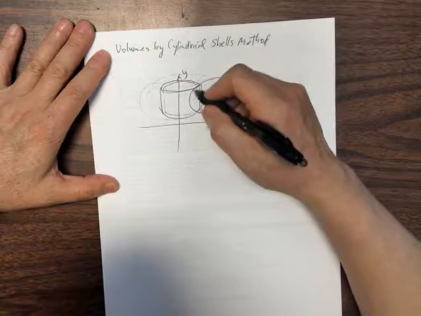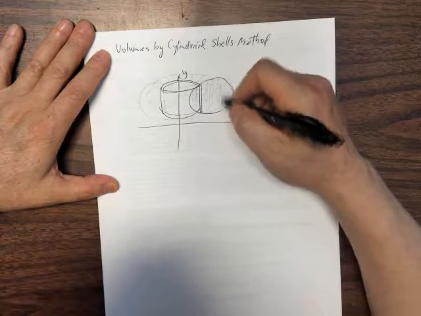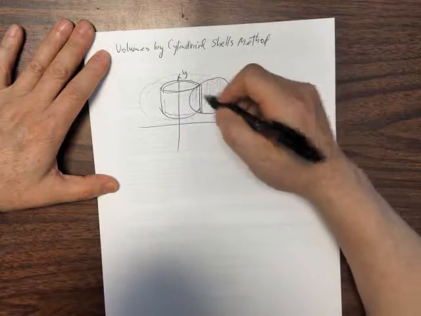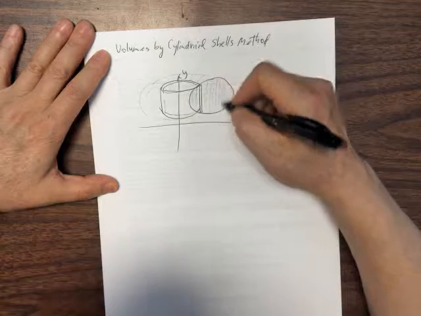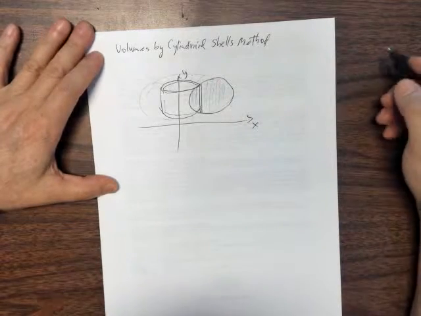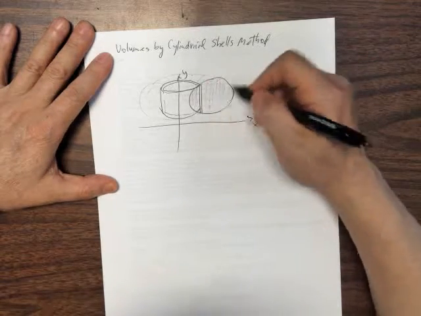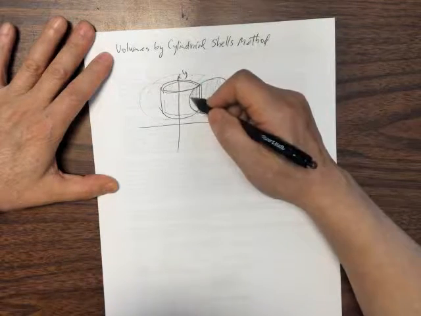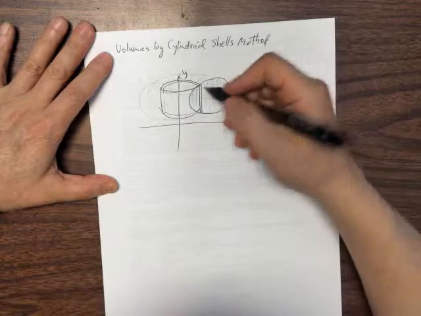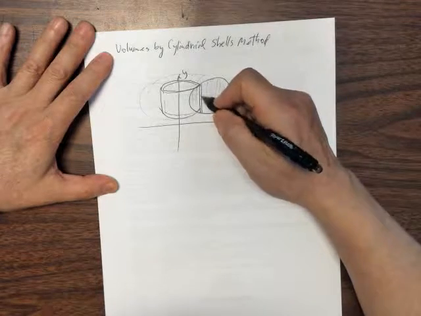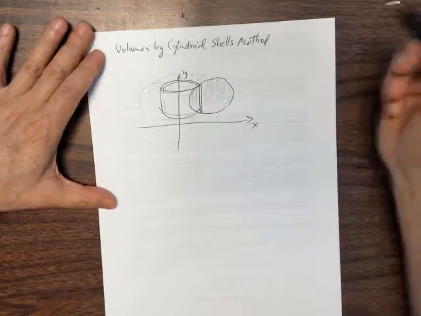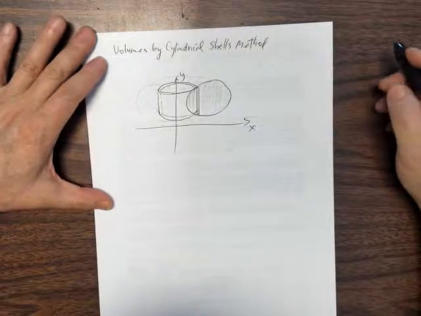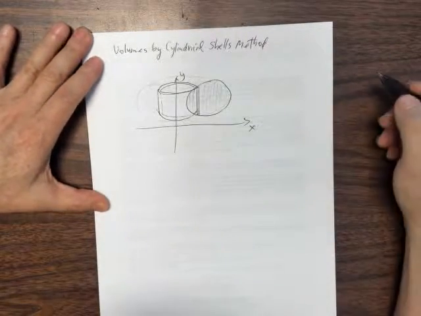Now, of course, to go through the process of setting up a Riemann sum, we would slice the region into many strips and revolve each strip. Right now we'll just see what we can do with the revolution of one strip. So we got the cylindrical shell.